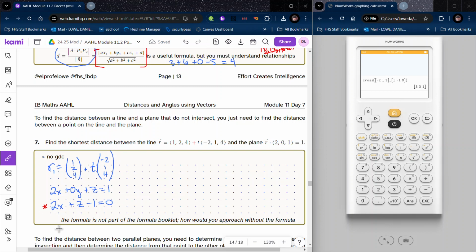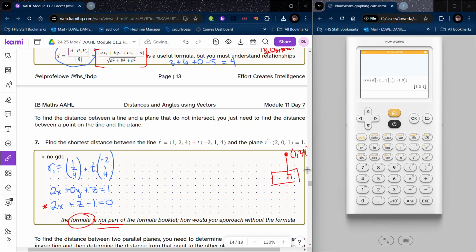So how do I find that distance? Recognize that the formula is not part of the formula booklet. You need to understand how you could approach it without the formula. I have a point, I have a plane, I have a normal. This particular point happens to be 1, 2, 4.